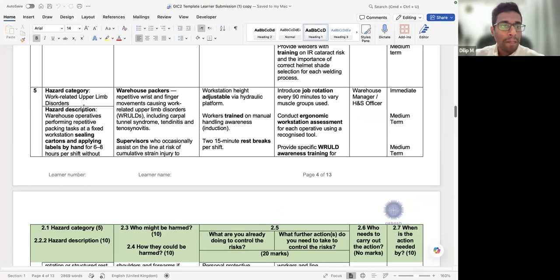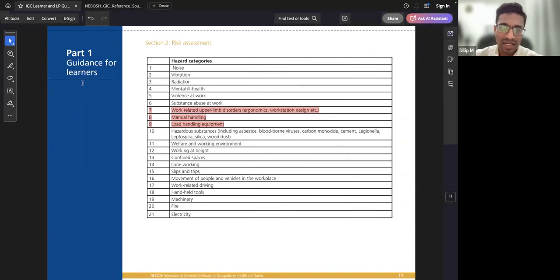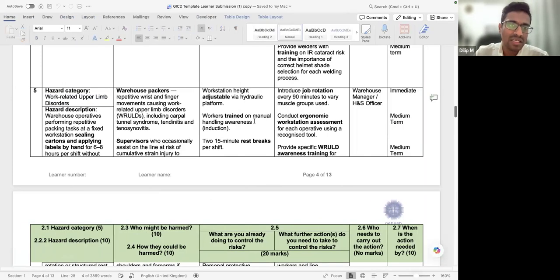Remember, the hazard category should be from the 21 on the list in this syllabus. So here the example I have taken is work-related upper limb disorder as the hazard category.